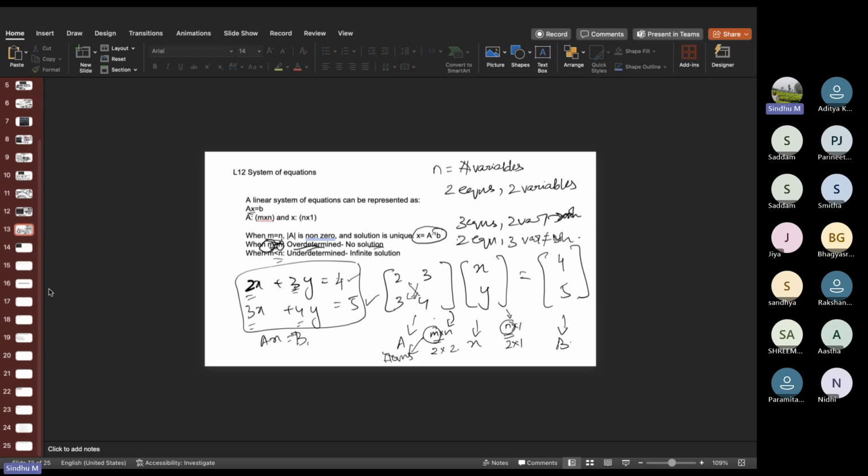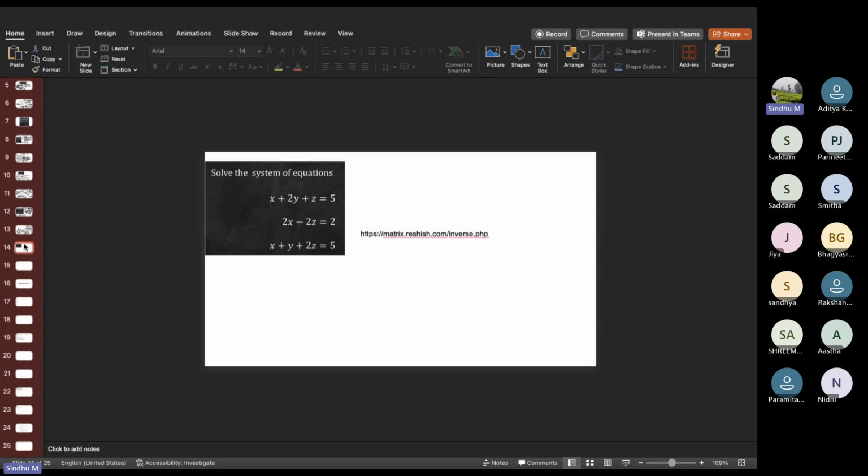So now let's discuss the related problem with this. To solve this, we have to use the concept of Ax equal to b and x equal to A inverse b.